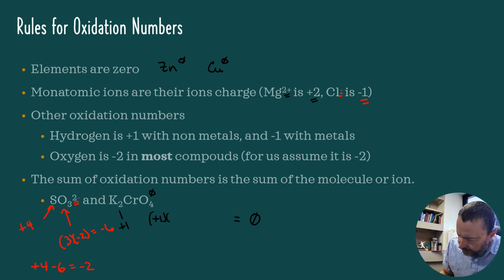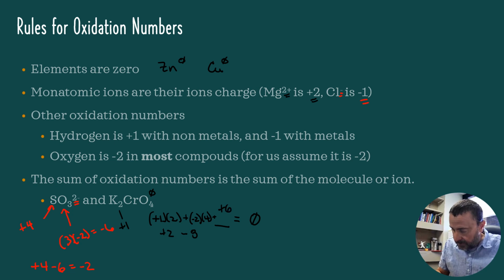So +1, and there are 2 of them. And then I have oxygen. All oxygen is -2, and there are 4 of them, so that is -8. So right now I have -6. The whole thing has to be 0. So the Cr has to be +6 in this species in order for this to sum up to being 0.